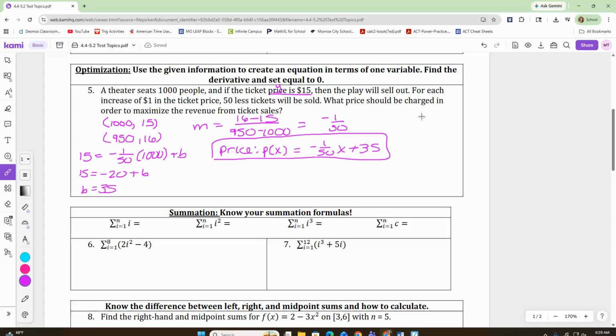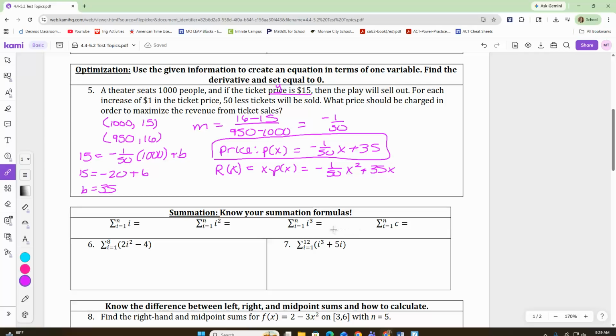I want to know what price should be charged to maximize revenue. So that means I need a revenue function. How do we find revenue from this? It's just x times your price. So negative 1 over 50x squared plus 35x.